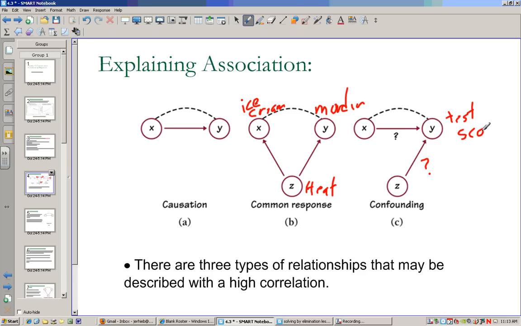So if we have test scores that are increasing, we don't know if that's coming from, say, parents' background, maybe parents' level of education, or it might come from maybe new teaching techniques or interventions, say teaching interventions.